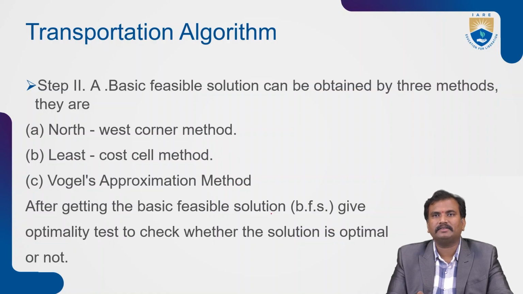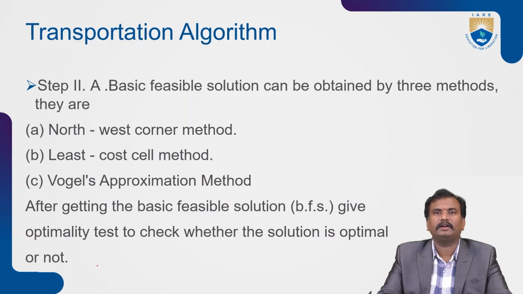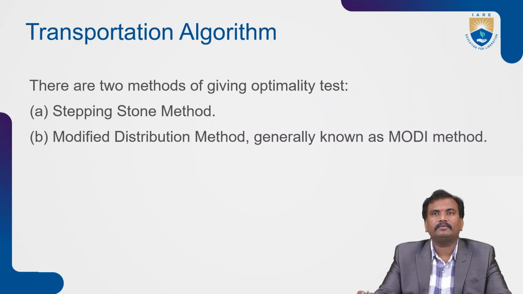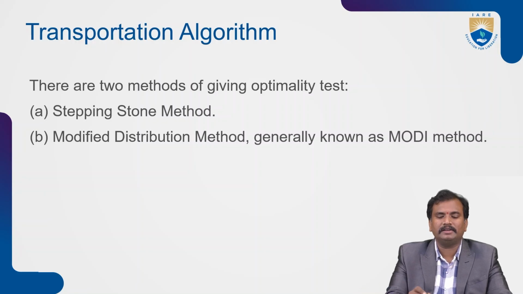After getting the basic feasible solution, we give an optimality test to check whether the solution is optimal or not. There are 2 methods of optimality test: the stepping stone method and the modified distribution method, generally known as the MODI method.